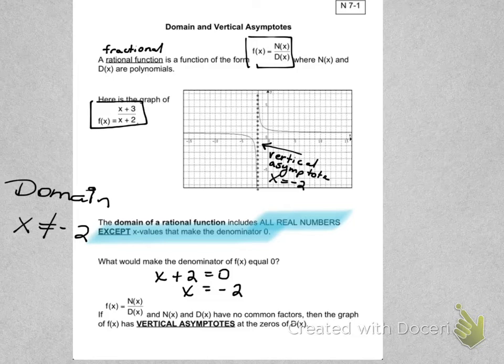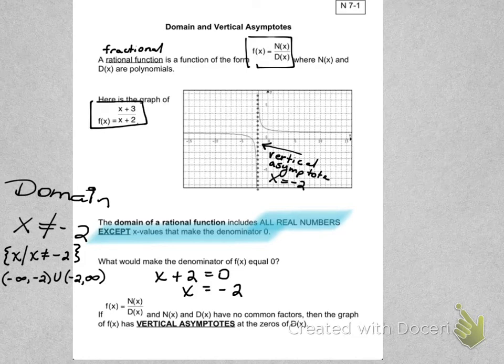Now if we were doing this in interval notation or set builder notation, it would look like this. In set builder, it would be x such that x is not equal to -2. In interval notation, which we've gone over before, it'd be -∞ to -2, joined with -2 to +∞. It's a union.